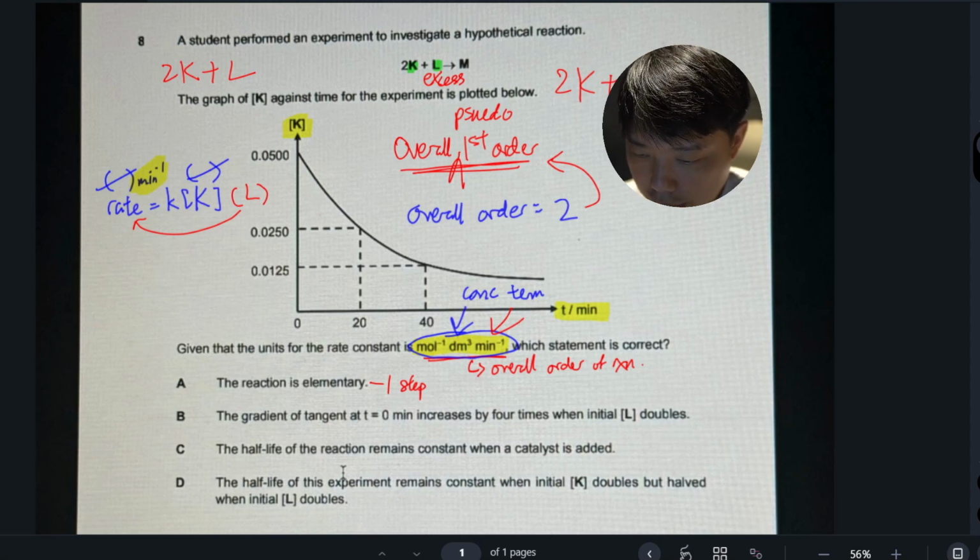We all know that that's not true because it is a pseudo first order. And if you look at the order of K, it is first order.